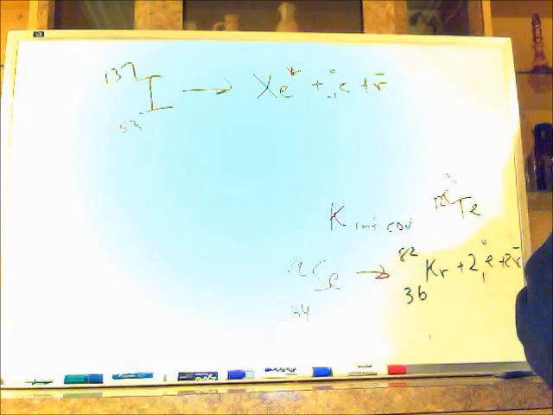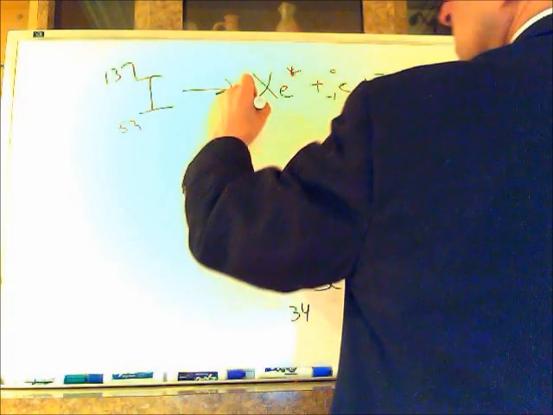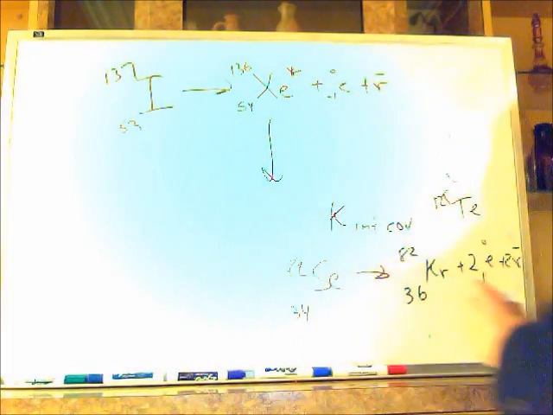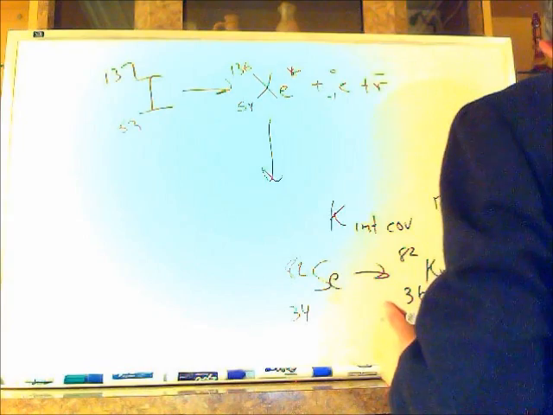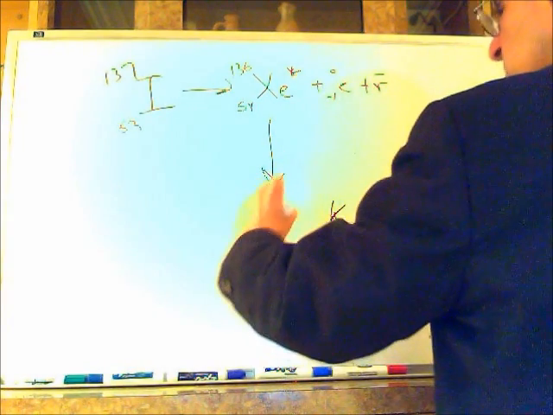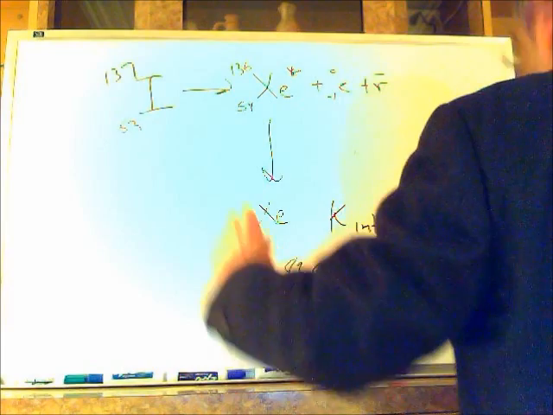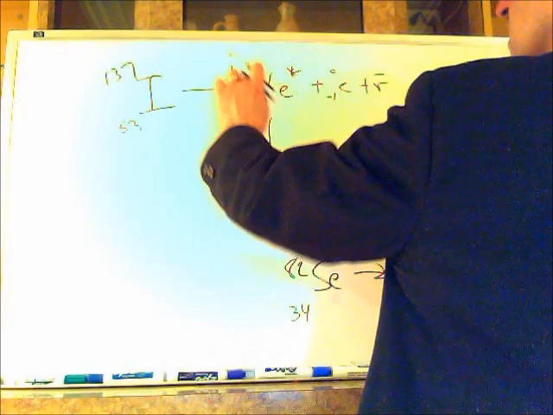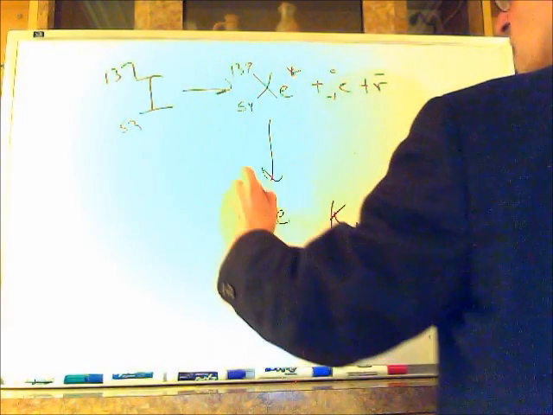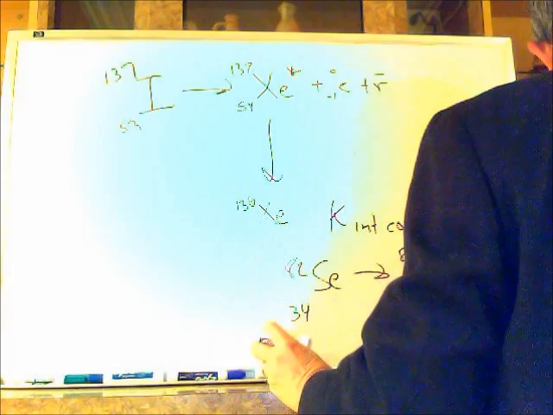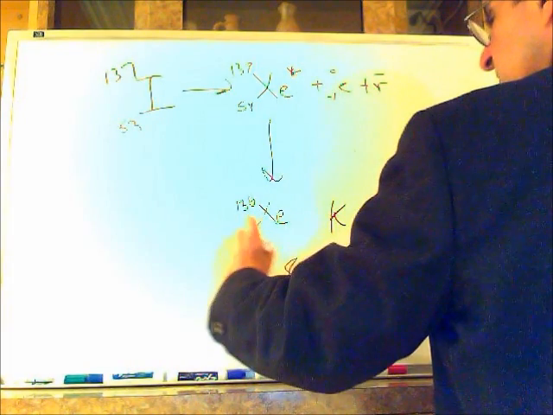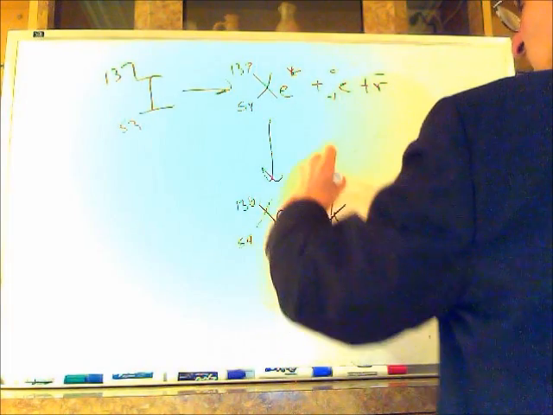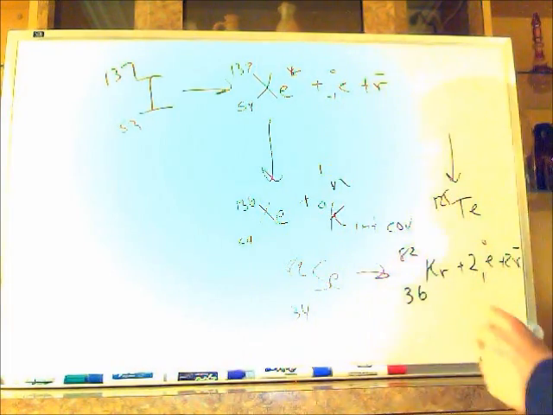So the xenon is 54-136. Now it's going to decay. And it goes to a stable xenon, I'm sorry, that's 137. It goes to xenon 136. And in order for that to balance out, this has to eject a neutron.